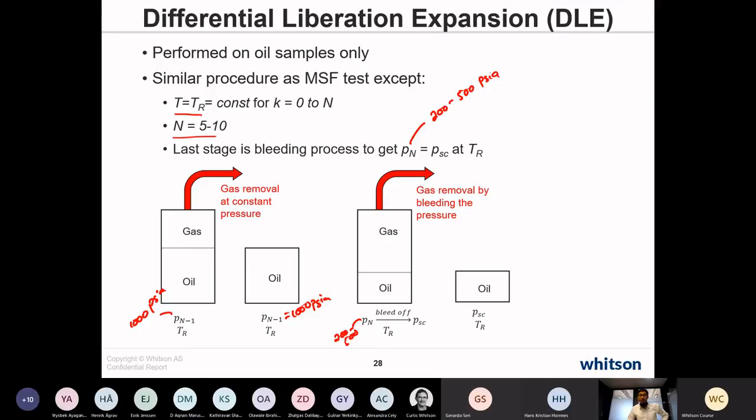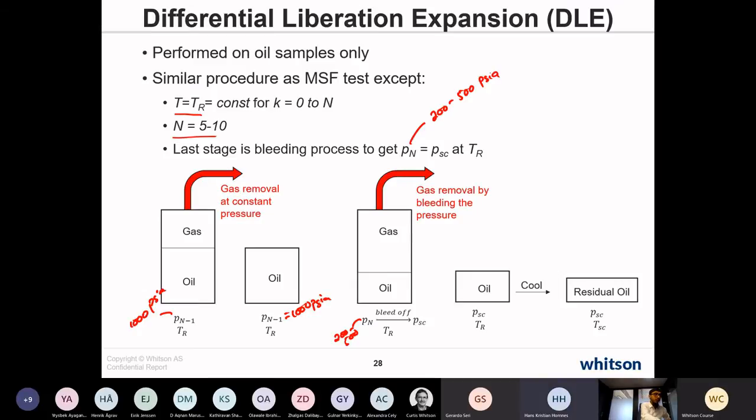If the DLE is done on those fluids, then you have to account for this bleeding to accurately predict the lab data. We will see an example of how much difference this bleeding process can make in the PVT data that we get from the PVT labs.